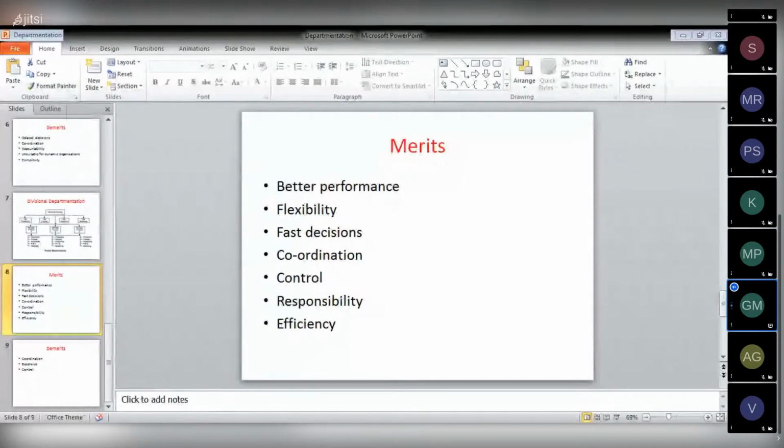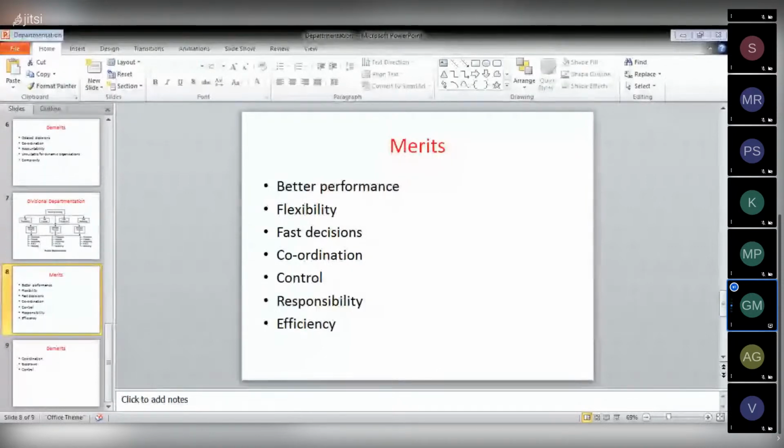When it comes to being expensive, what do you mean by expensive? The cost can be very high, because every division appoints its own people.